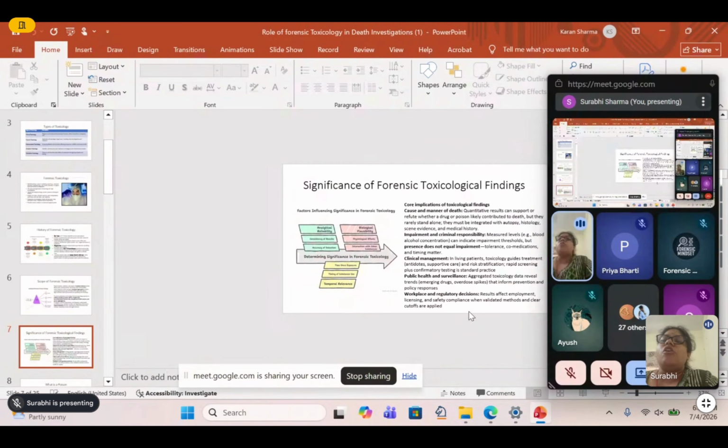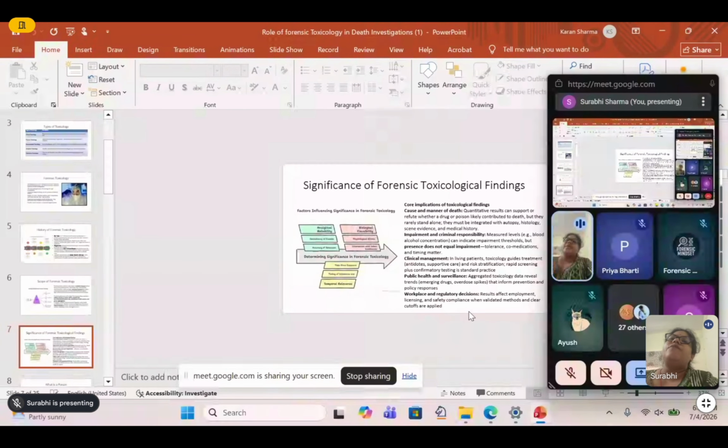Upon toxicological analysis, we find that the death was caused due to overconsumption of alcohol. There are many other cases like this in which we have to produce quantitative results which can support our statement.